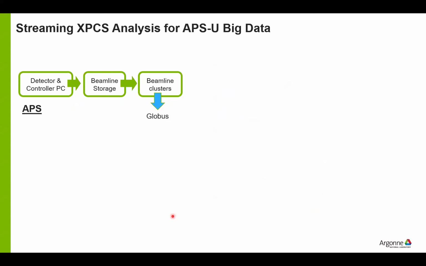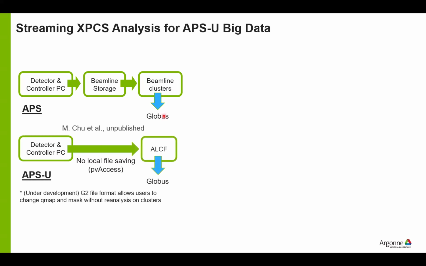Okay, and so that's a lot about the hardware, but software is also making improvement. So 8ID has really been driving this for some time, and before the upgrade, they were already making use of high performance computing, where the detector was writing files to beamline storage, and that was then getting sent to clusters at the beamline via Globus for analysis.